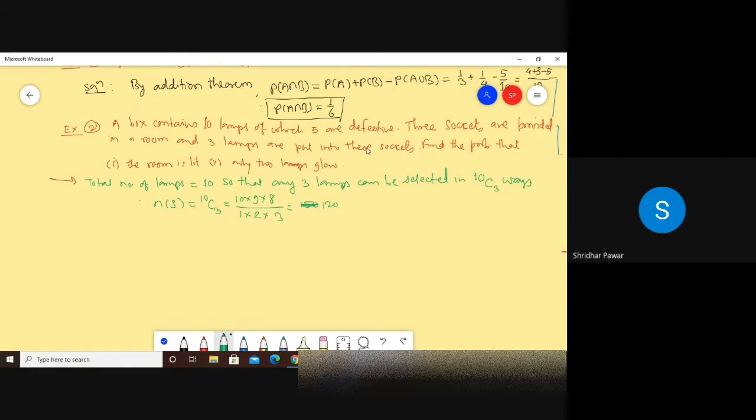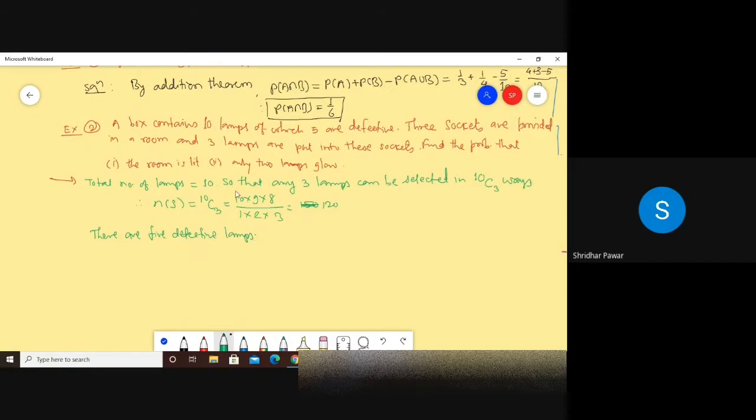Now see, out of these 10 there are 5 defective lamps.